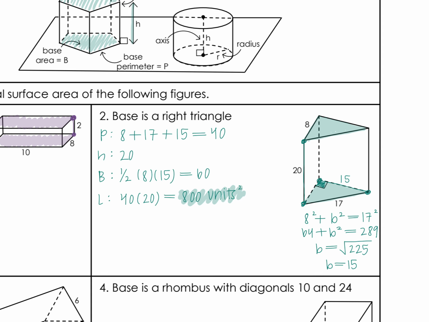Moving into my second answer, my surface area, I would have my pH, which is that 800, plus 2b, 2 times that 60, which is just going to give me 120. When I add them together, I should get 920 units squared.